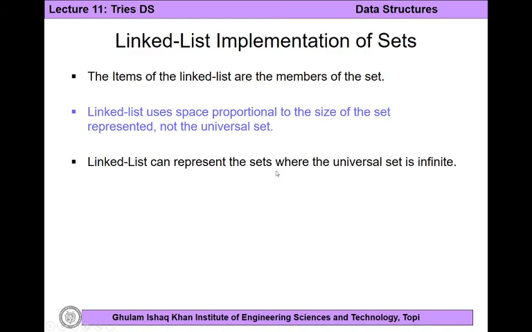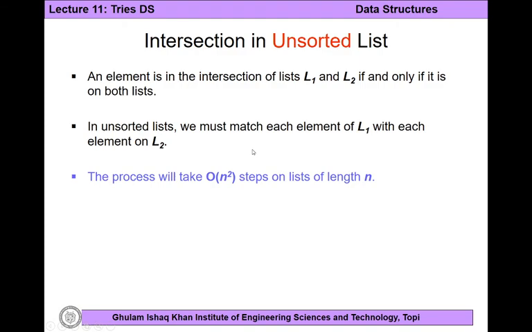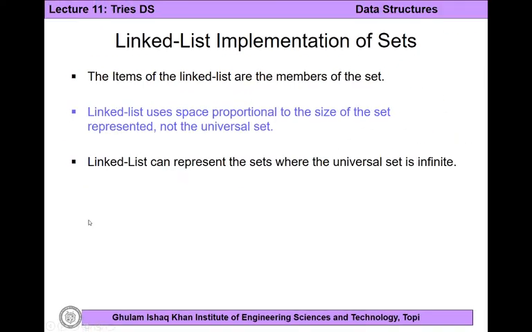Now, there is another implementation of the sets, which is called the dynamic implementation of the sets, and of course the dynamic implementation is always done using linked list based implementation. So in the dynamic implementation of these sets, let us try to do that.